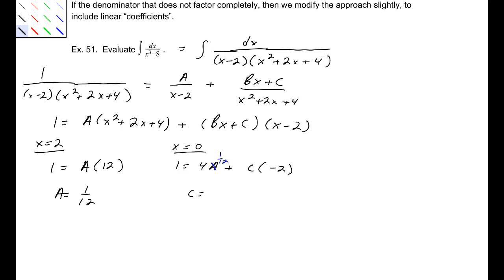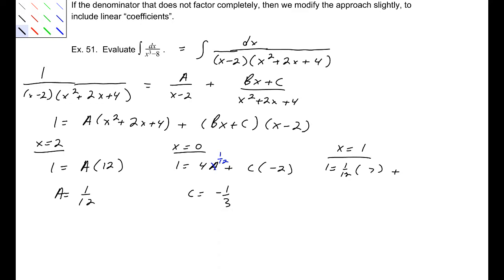And so working that around, we get that C is 2/3 divided by that, so we get negative 1/3. I could have done that without even looking at my paper. Okay, negative 1/3. Now next we have x equals 1. I'm going to choose that. If I plug that in, 1 equals A times, well, A is 1/12, and if I plug 1 into that function there, 1 plus 2 plus 4, that is 7 there, plus, we don't know what B is, we do know what C is.